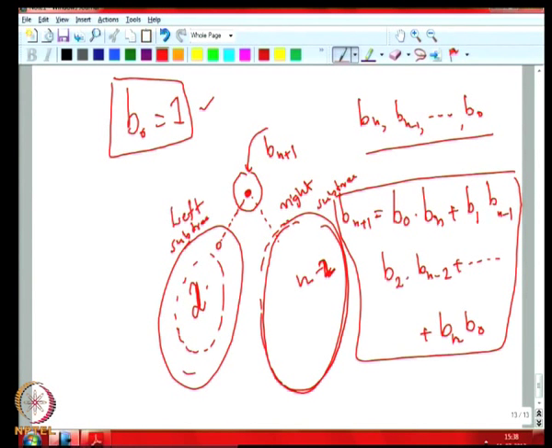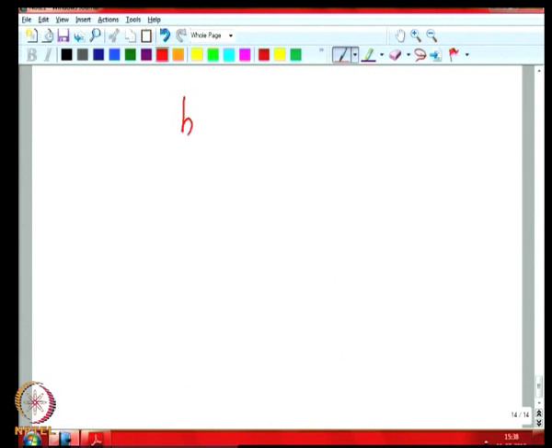So Bn plus 1 is equal to B0 into Bn plus B1 into Bn minus 1 plus B2 into Bn minus 2 and so on. This is the basic recurrence relation which works here. With this we can try to calculate our B4. B3 we have already calculated. B4 will be B0 into B3 plus B1 into B2 plus B2 into B1 plus B3 into B0.